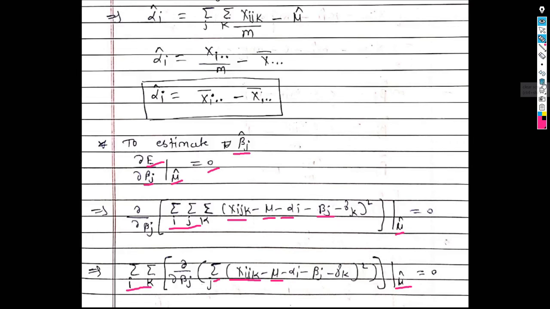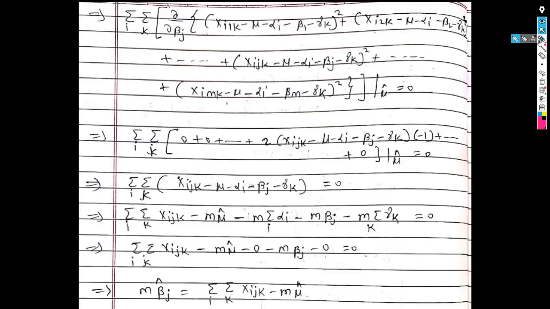In the next step we get the summation over i, summation over k of ∂/∂beta j, and in this curly bracket we write: first, for j equals 1, (xi1k minus mu minus alpha i minus beta 1 minus gamma k) squared, plus for j equals 2, (xi2k minus mu minus alpha i minus beta 2 minus gamma k) squared, plus up to the jth term, (xijk minus mu minus alpha i minus beta j minus gamma k) squared, plus up to the last term, m: (ximk minus mu minus alpha i minus beta m minus gamma k) squared.